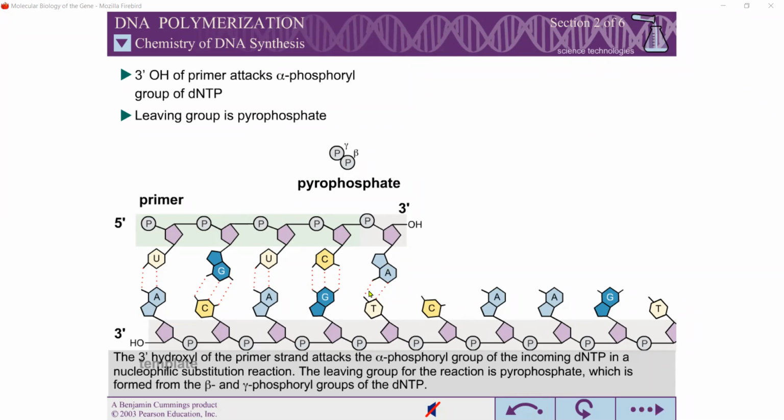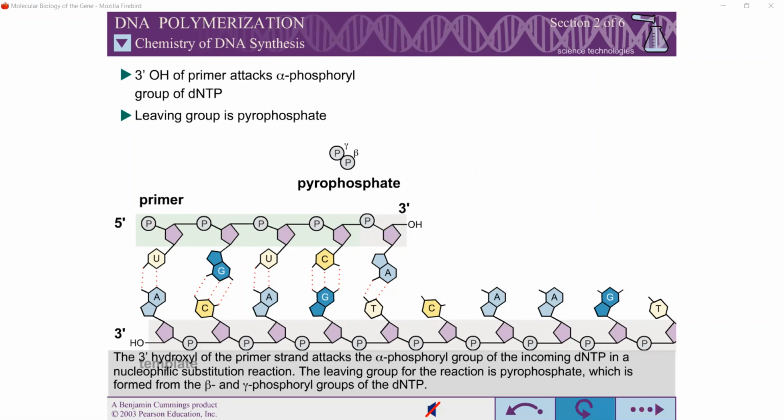But since the base pairing occurs first, and only if the base pairing is properly ensured, the oxygen attacks the alpha-beta bond of the phosphoryl groups. So keep this in mind: during polymerization, the incoming dNTP base pairs properly first, and then the nucleophilic attack occurs.